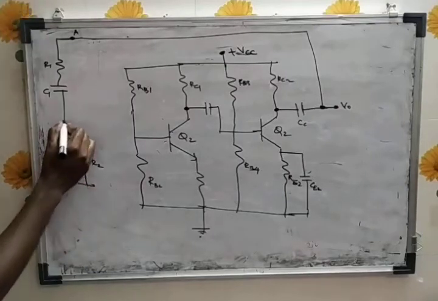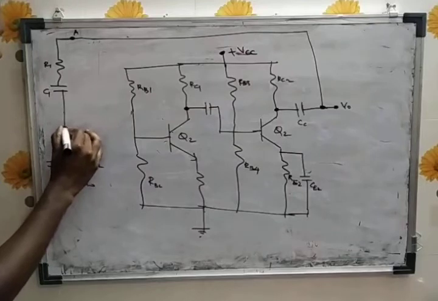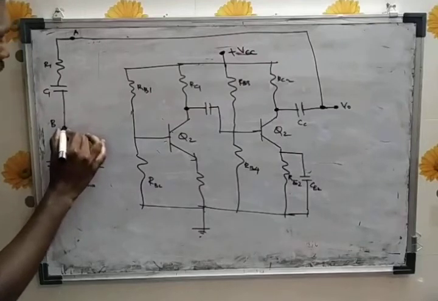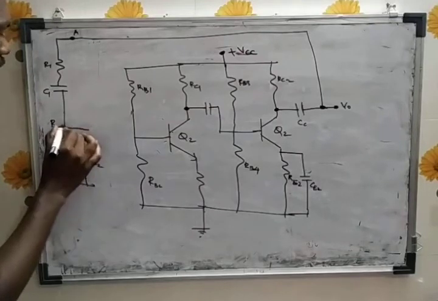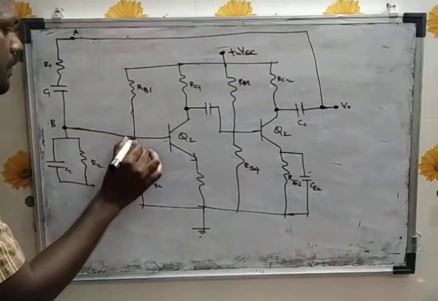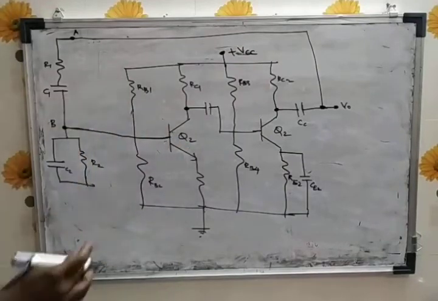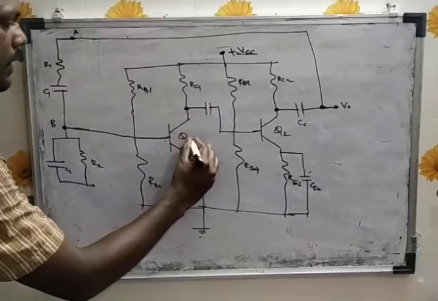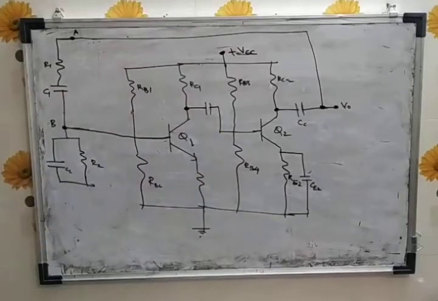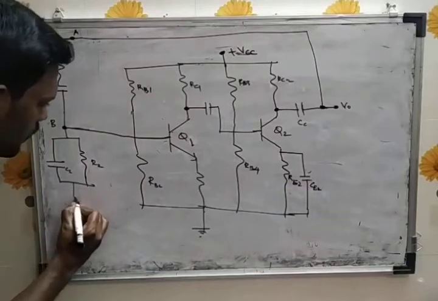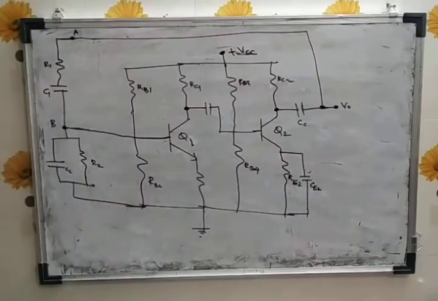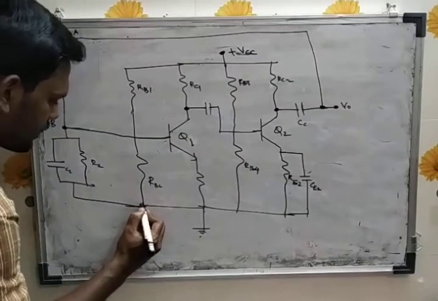This point is B. We connect this point to the base of transistor Q1. The C point is grounded, so I am connecting the C point like this.